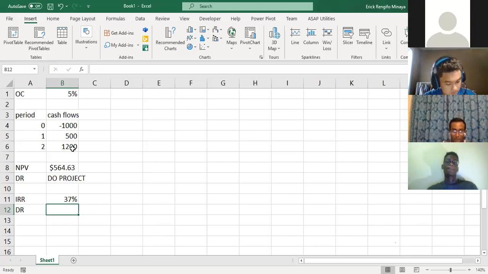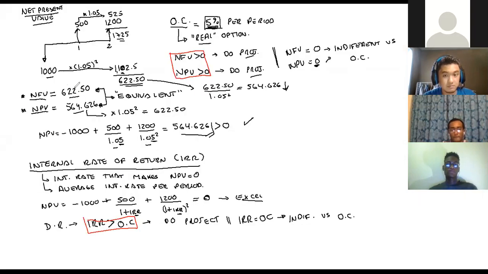Okay? So remember, guys, what was the average interest rate when you have the opportunity cost? The opportunity cost, do you agree? 5% and 5% squared, but it's always 5%. The internal rate of return, guys, is the average per period that makes the net present value equal 0. So this implies that instead of using 5%, I'm using 37% here.